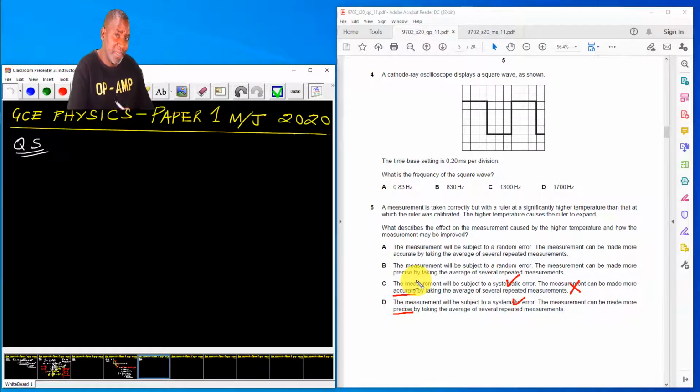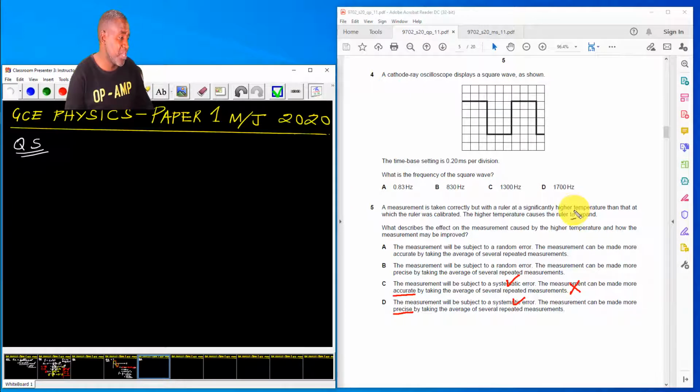We cannot do that. In other words, the only way we can reduce this error here is by changing the instrument, or by making sure that we take the measurement at the temperature at which the steel rule was manufactured. Whether it is a steel rule or a wooden rule, there is a temperature at which it was manufactured.